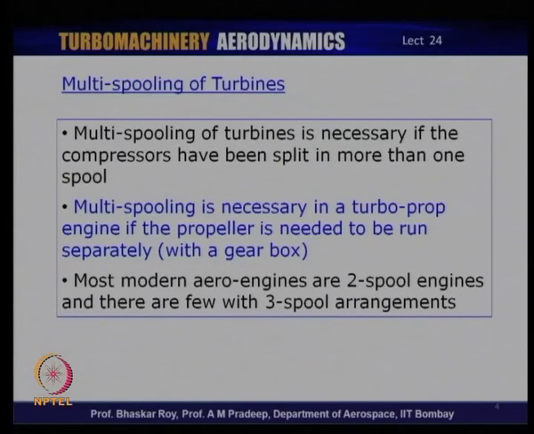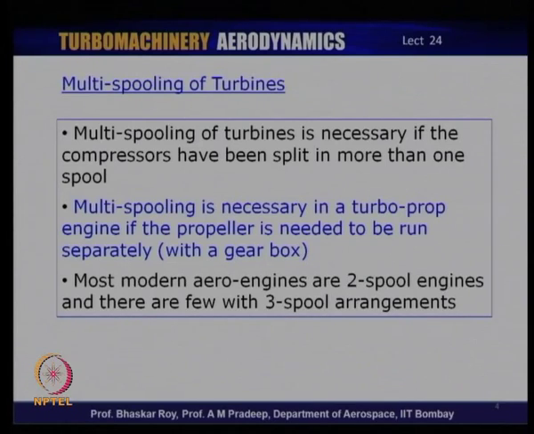Now, the spooling is something which is decided by the engine designer or the engine configuration, and as we may have mentioned before in the case of compressors, the 2 spools run at 2 completely different RPMs. For example, one of the spools may be running at 7,000 RPM, another spool may be running at 10,000 RPM.